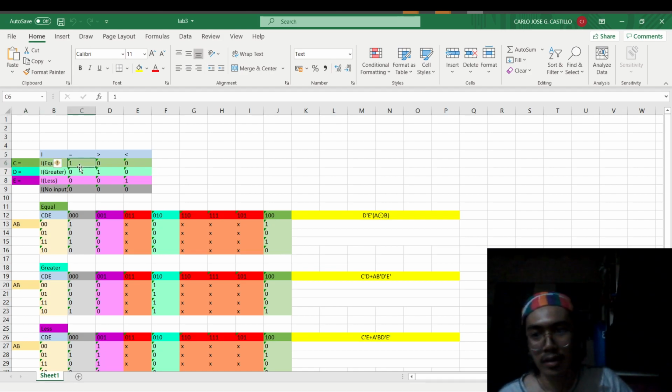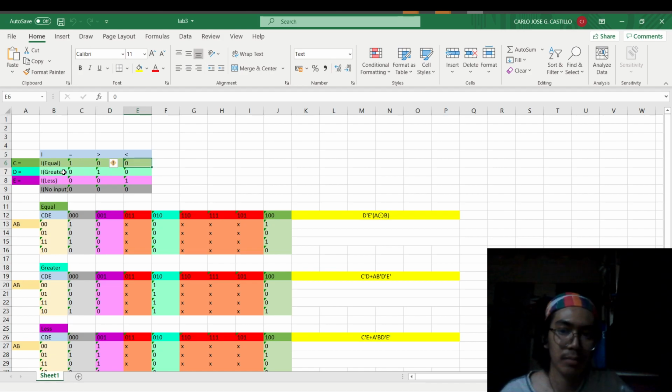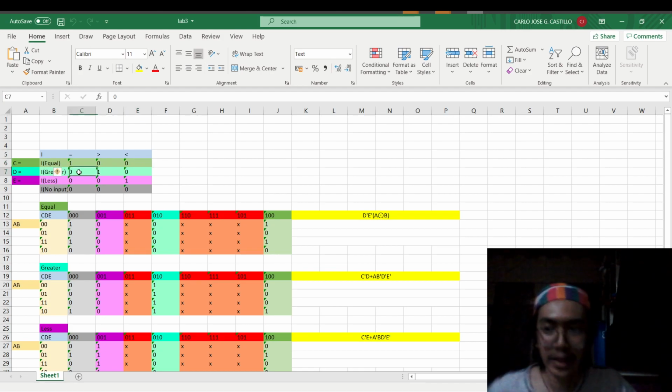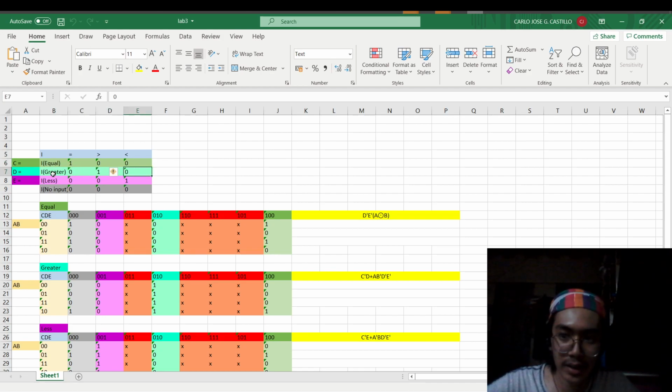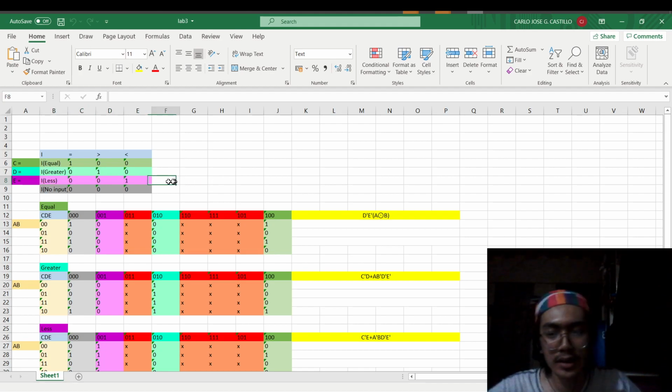I created a combination of 1, 0, 0 if the previous comparison resulted in an equal comparison, a 0, 1, 0 for the greater, and 0, 0, 1 for the less than. As you can see, it is color coded, so it is easier to follow.